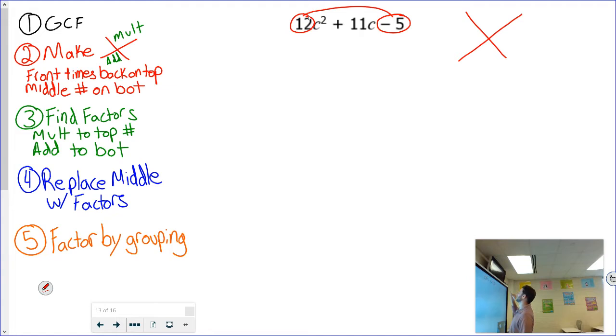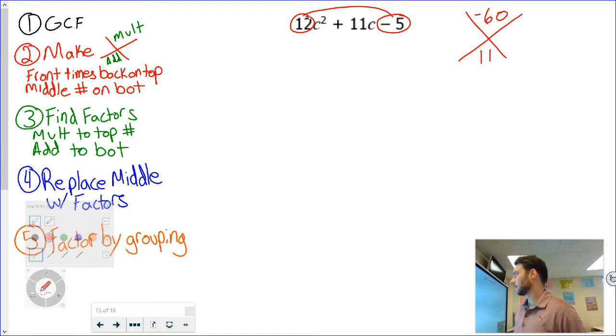So 12 times -5 is -60. And then the step says the middle number goes on the bottom. So we're going to take this 11 and it goes down here. We're going to say 11. All right, so we made our x. That's all that step is.